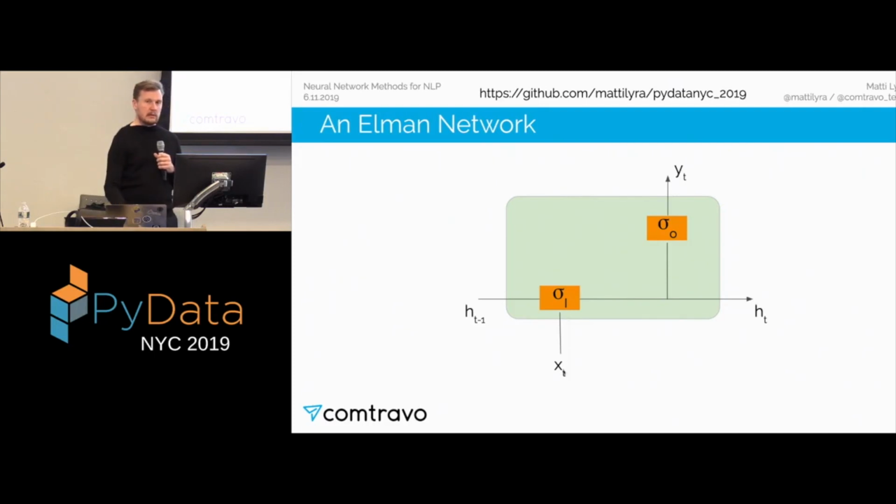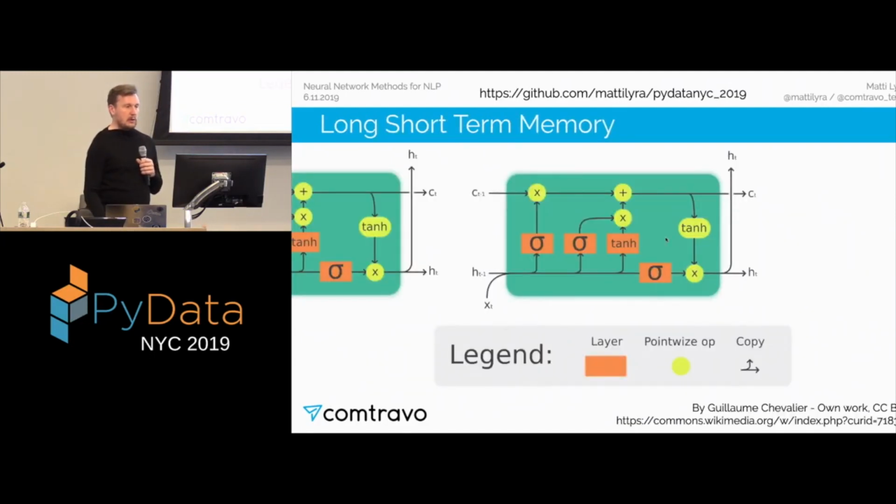There's one set of weights for the inputs, which is a trainable parameter, and another set of weights for the hidden state, which is another set of trainable parameters. These two are put together to create the next hidden state that is passed on to the next iteration of the recurrent neural network. From that hidden state, you also produce the output through yet another nonlinearity, and there's a third set of weights there.